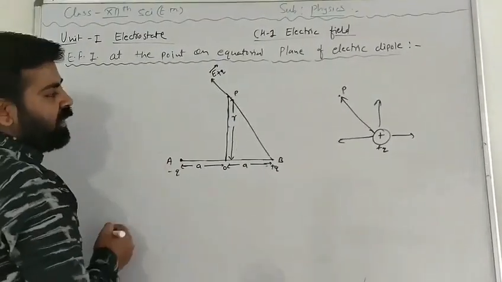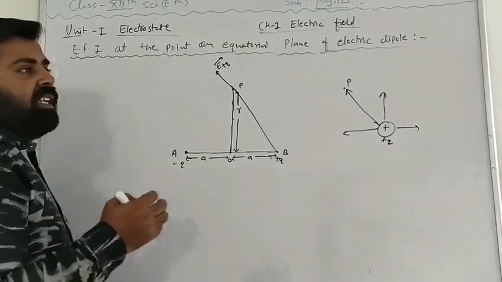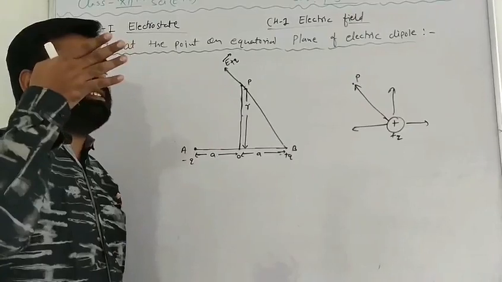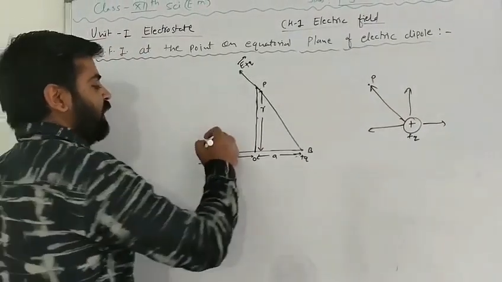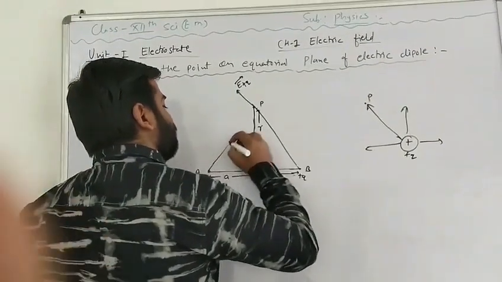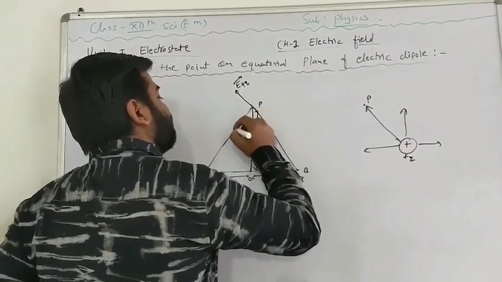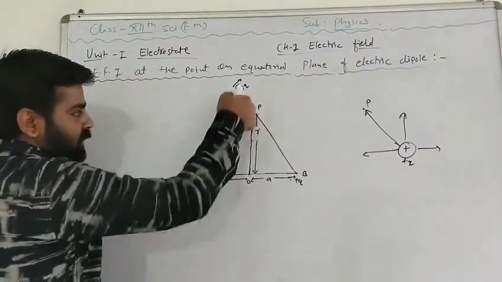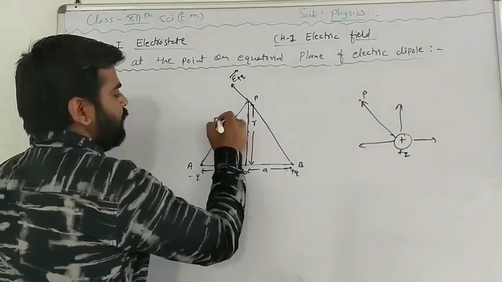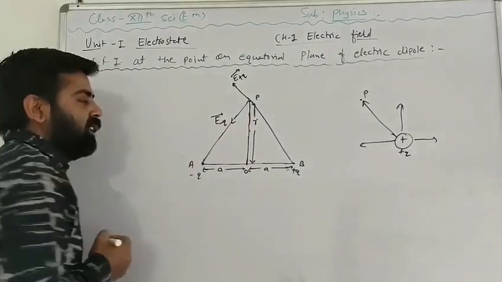And due to minus q charge, electric field intensity direction is always towards inside or towards the charge. So due to minus q charge, electric field intensity direction is towards the charge and represented by E minus Q vector.